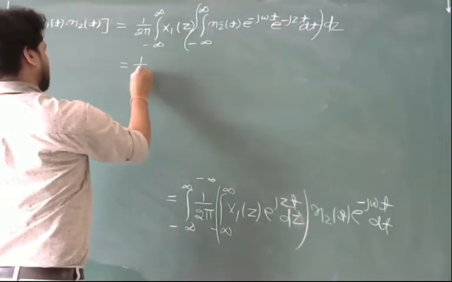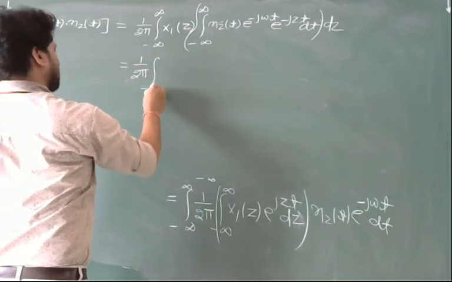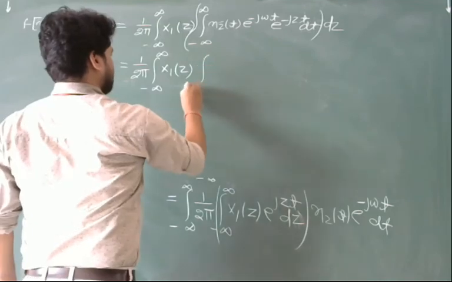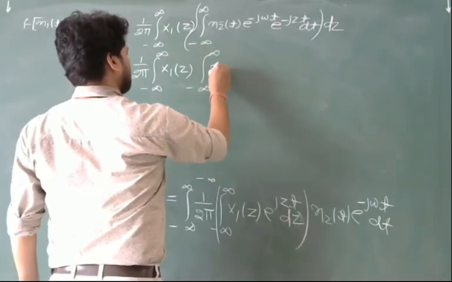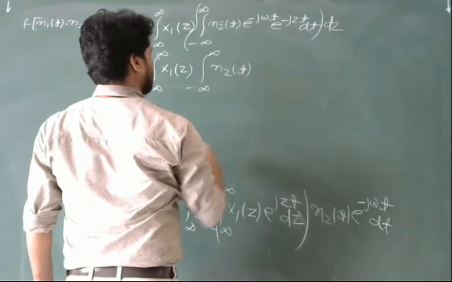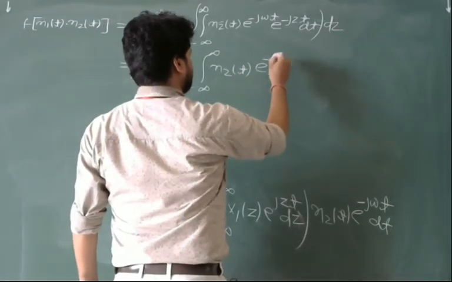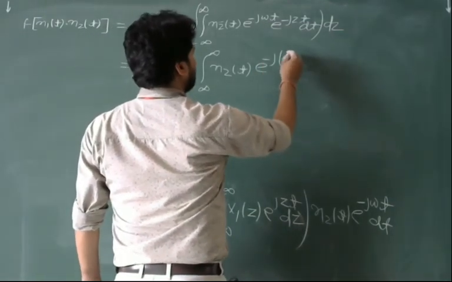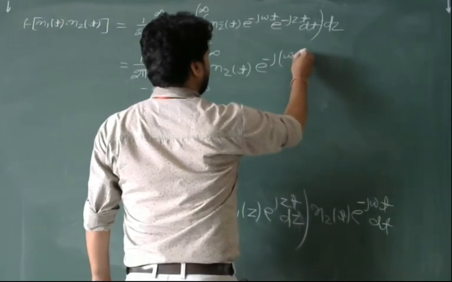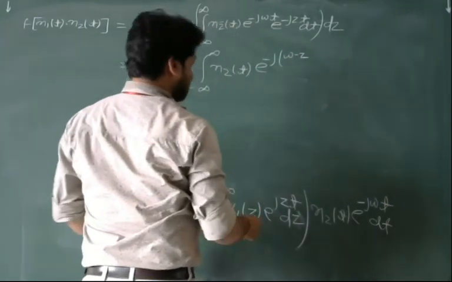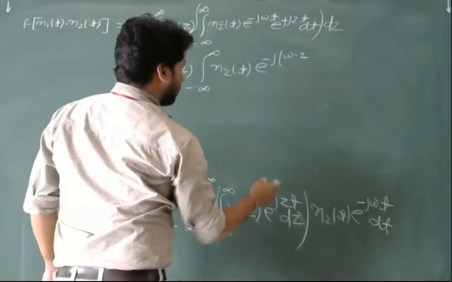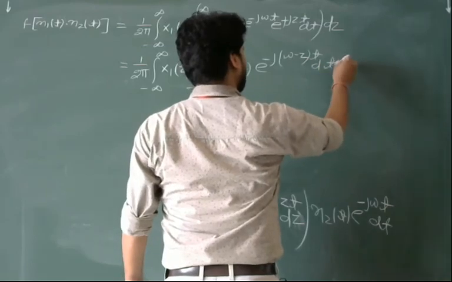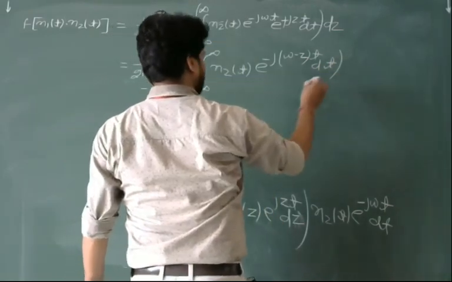Now this will become 1 upon 2 pi, limit from minus infinity to plus infinity, X1(z), limit minus infinity to plus infinity, x2(t) e power minus j, in place of omega, now I will write omega minus z, into t dt, and here it is dz.